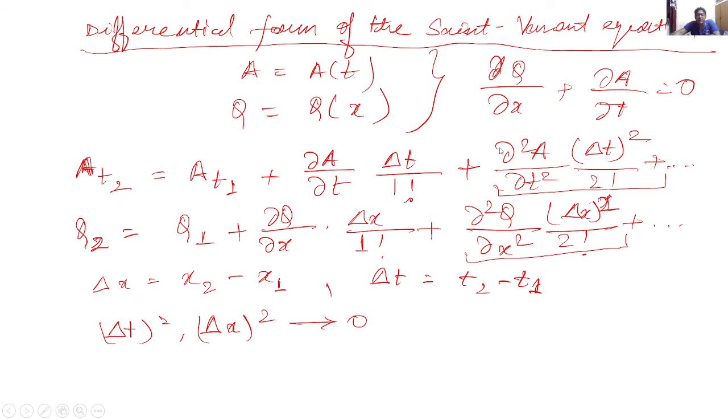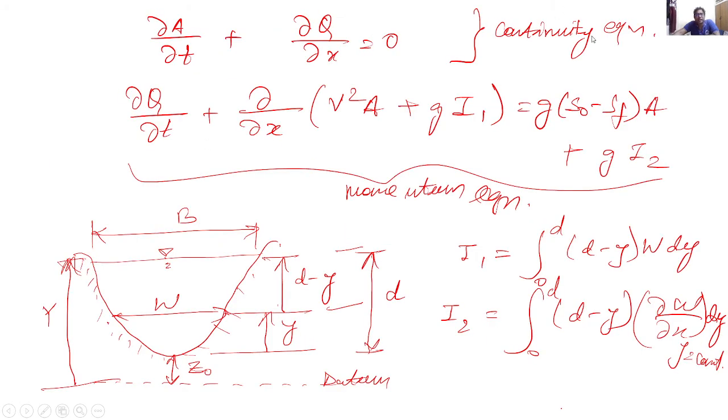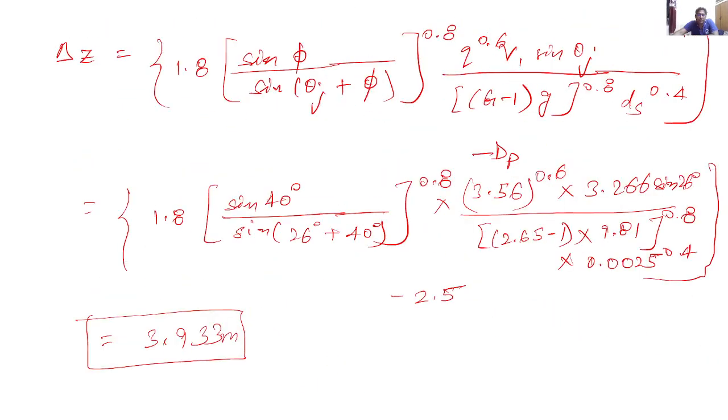So we can just neglect the terms with power 2 and greater, and we get a very similar expression of the Saint-Venant equations for the continuity equation, that is the mass balance one, and the momentum equation. So this is how the Saint-Venant equations are derived.